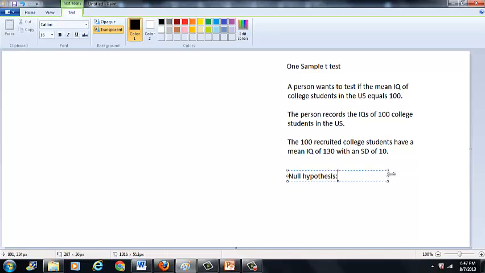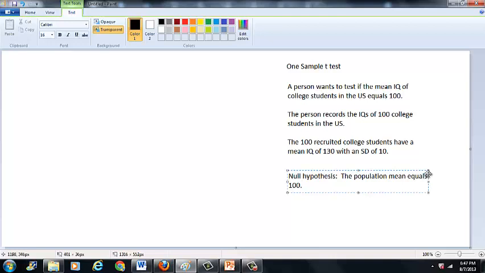First, let's talk about the null hypothesis. It says the population mean equals 100, meaning the mean IQ of the college students living in the US does equal 100.